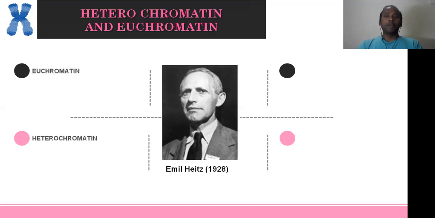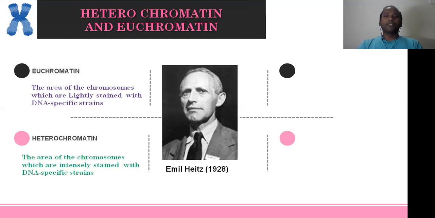One is euchromatin and the second is heterochromatin. When he stained with DNA-specific dyes, there were two different staining properties.